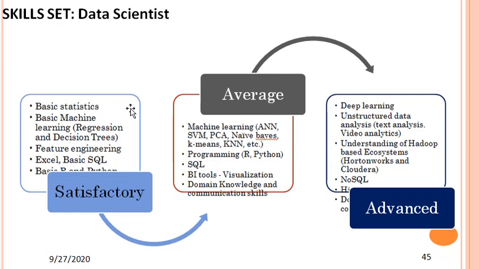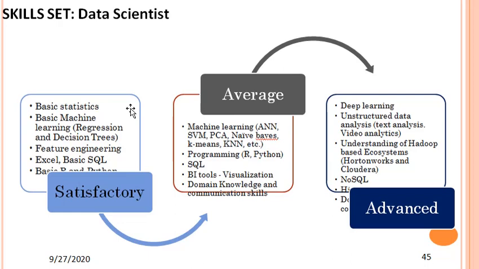An average data scientist will have some more advanced skills. For example, if we talk about machine learning, he will know the basics of machine learning as well as some advanced algorithms, such as neural networks, not only shallow networks but also a little bit of deep neural networks.